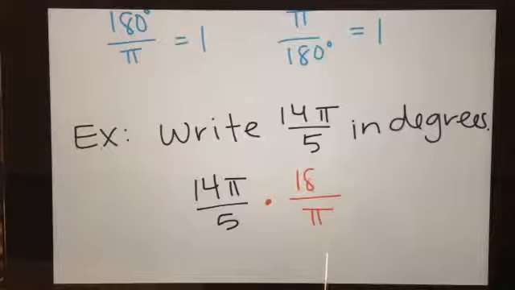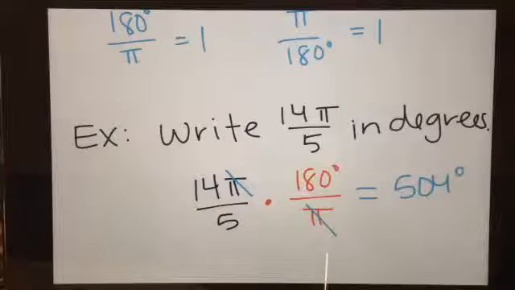So I'm going to use the ratio 180 degrees over pi. Now right away you'll notice the pi's cancel out, those are done. So in my calculator I'm just going to do 14 fifths multiplied by 180 degrees. And when you multiply that in your calculator you get that this is 504 degrees.